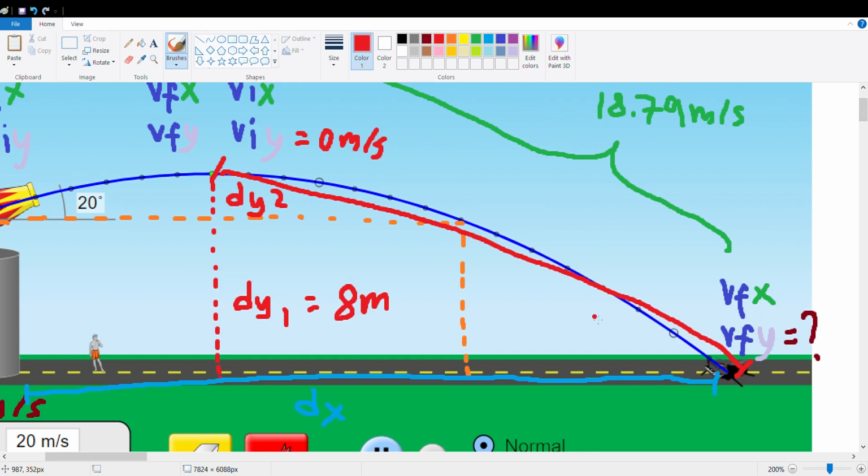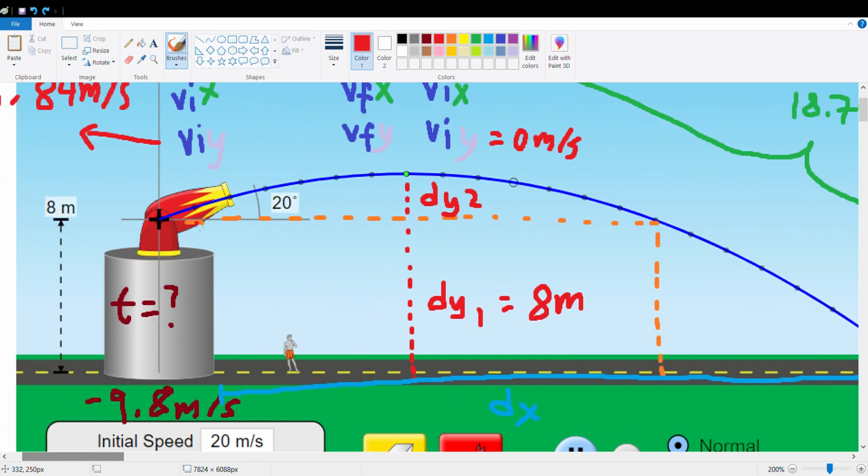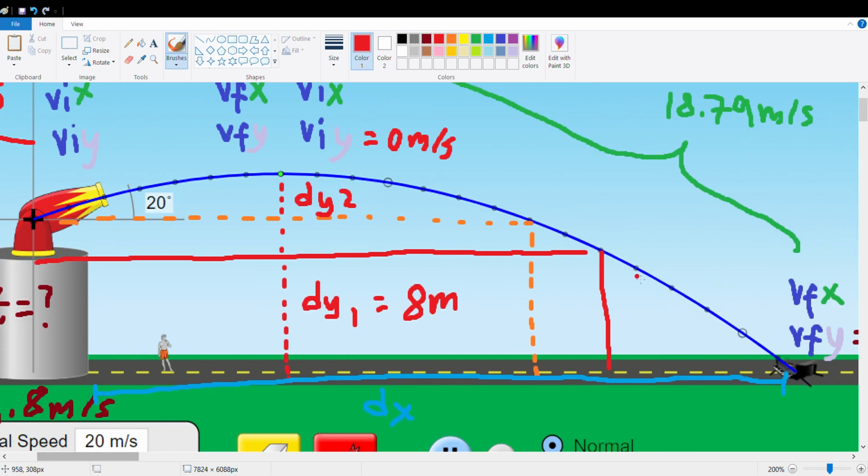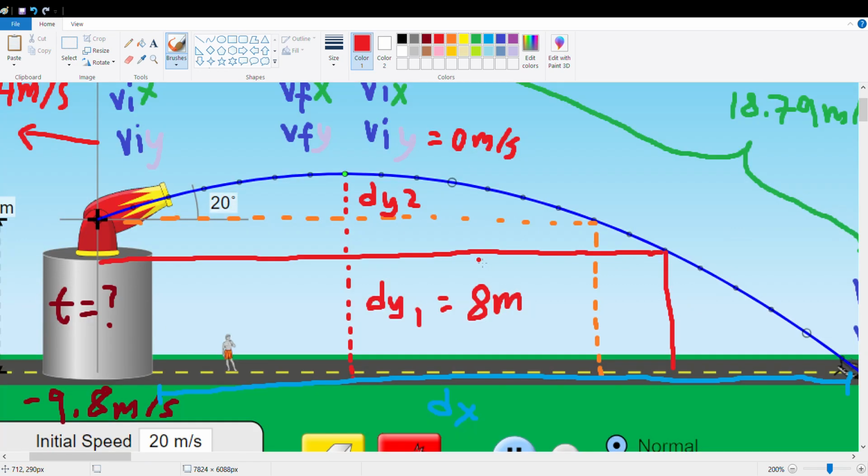So it's basically impossible, and we can't use time symmetry because this is technically not equal to each other because of whatever this is. It's not an equal parabolic curve path. Okay, so how are we supposed to do this?